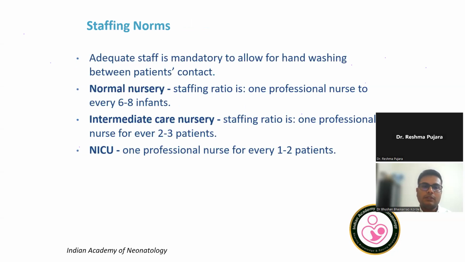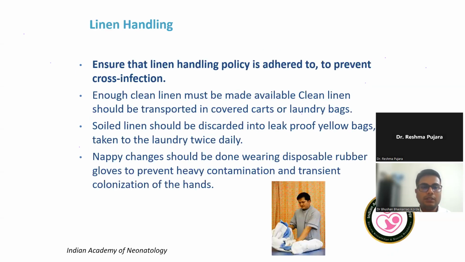For staff, adequate staff is mandatory to allow for hand washing between patients. The staff ratio is one professional nurse to every 6 to 8 infants in a normal nursery. In an intermediate care nursery, the staff ratio should be 1:2 to 3 patients, and in NICU, where intensive care has to be delivered, one professional nurse to 1 to 2 patients must be there.